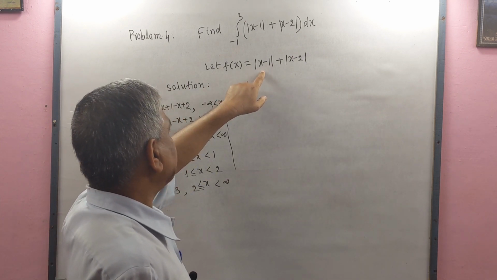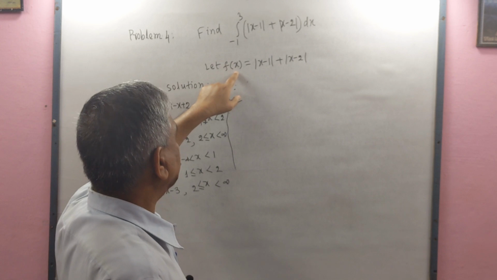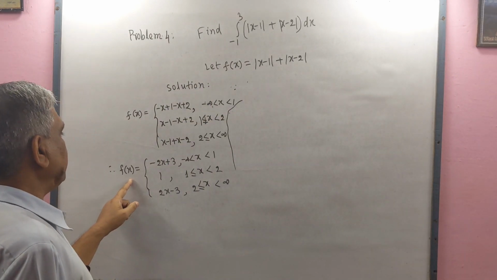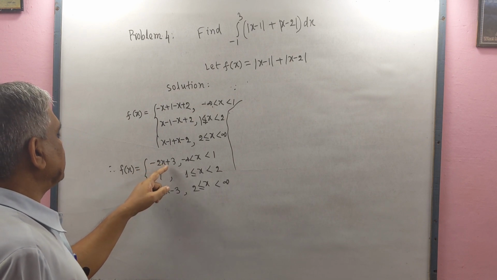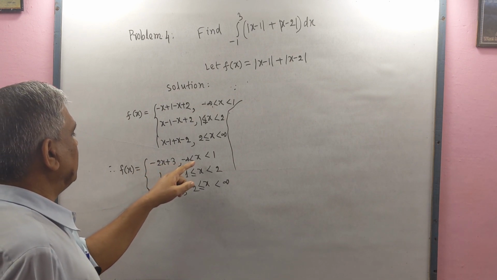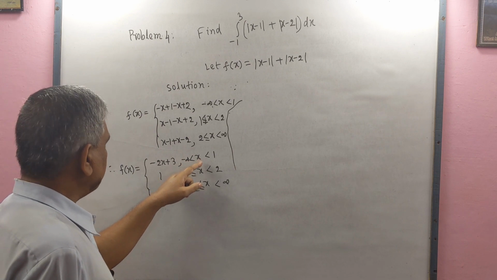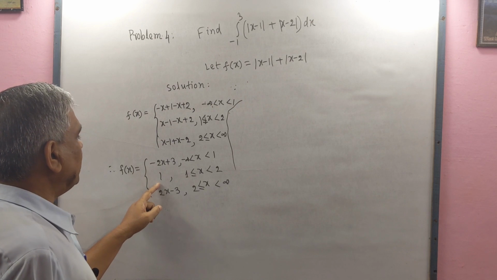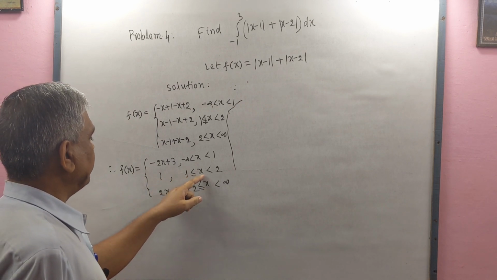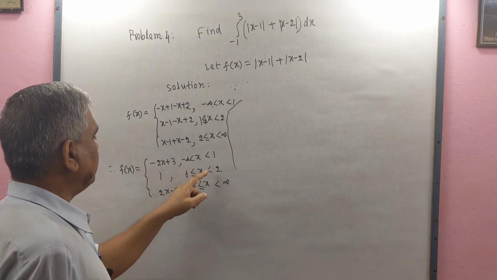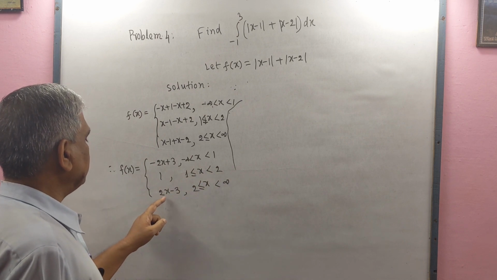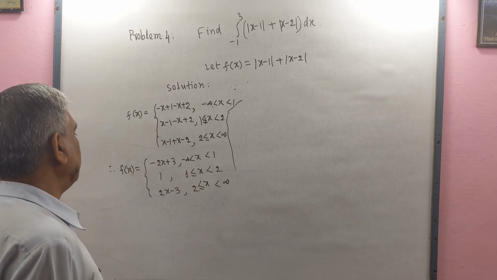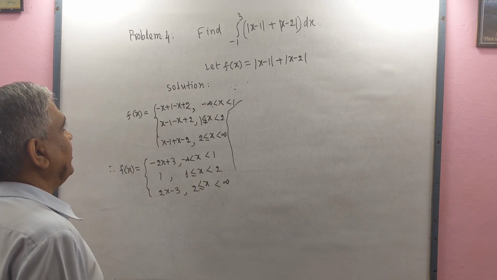We first find the value of f(x) similar to the previous problem, and we get f(x) equal to minus 2x plus 3 for x between minus infinity and 1, f(x) equal to 1 for x between 1 and 2, and f(x) equal to 2x minus 3 when x lies between 2 and infinity. And we find then the integration.